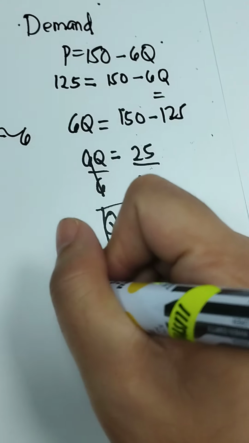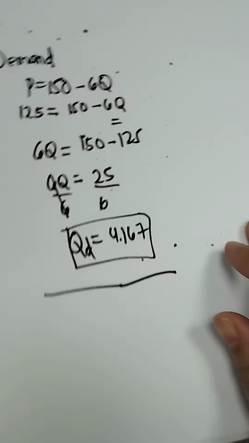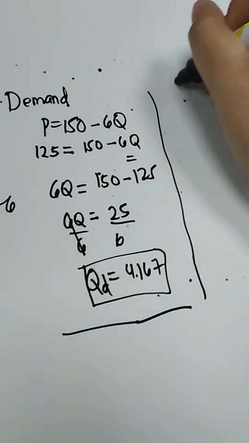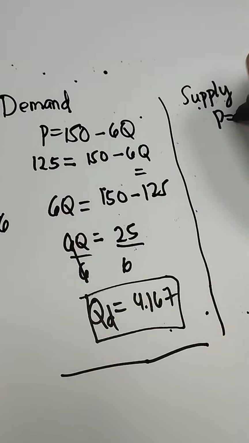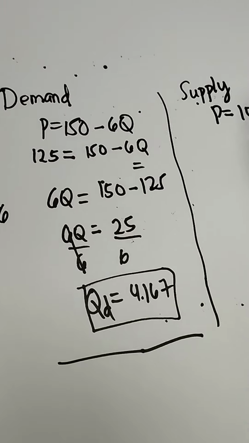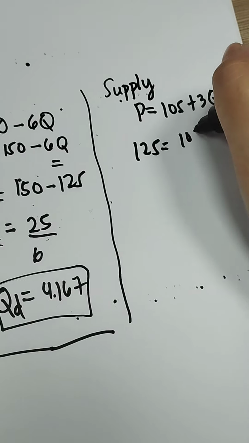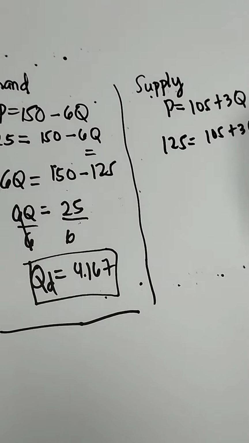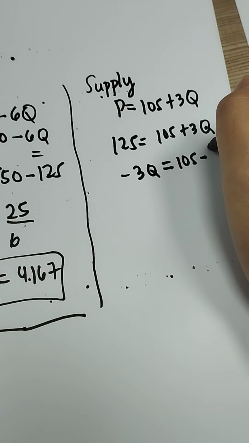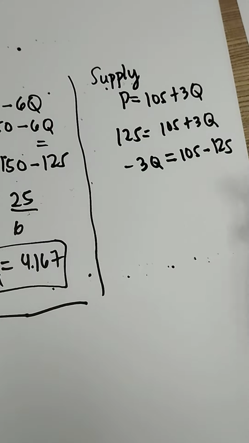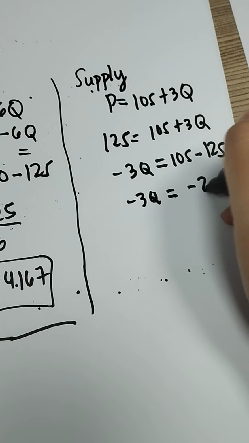Now for the supply, how many are the sellers willing to sell if the price is 125? So for supply, P is equal to 105 plus 3Q. The price that was mentioned was 125, that's the minimum price, equal to 105 plus 3Q. Okay, we can transpose 3Q and then transpose 105, so it becomes negative. And this is negative 3Q is equal to negative 20.